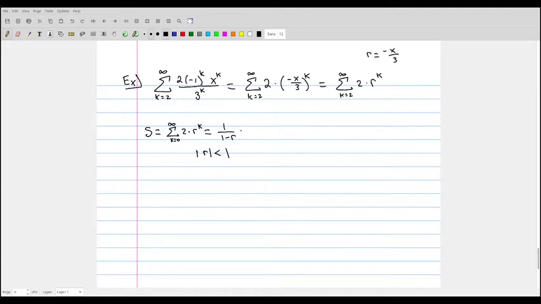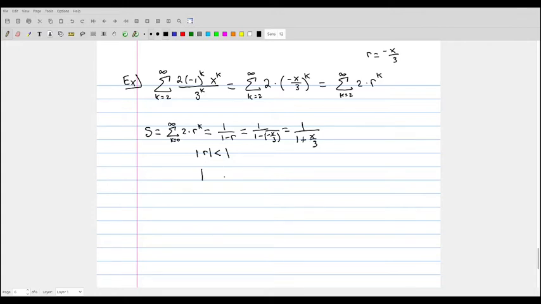So in terms of x, this is going to converge to 1 over 1 minus negative x over 3, or 1 over 1 plus x over 3.